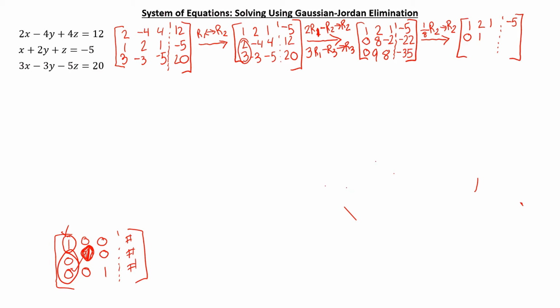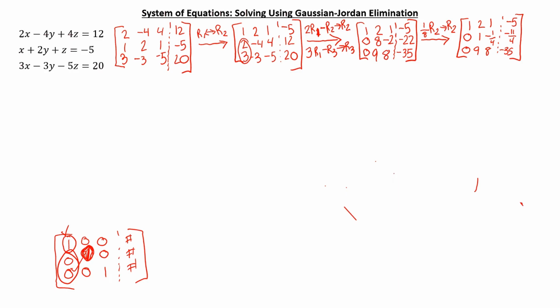And then negative 2 times 1/8 is negative 1 over 4. Negative 22 times 1 over 8 would be negative 11 over 4. Now you didn't have to reduce it. I just chose to because I think it'll be a little bit easier. At the end of the day, it doesn't matter if you reduce it or not. We didn't do anything to the third row, so it's just going to stay the same.